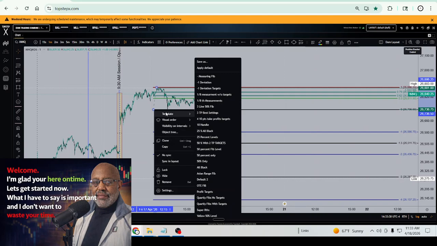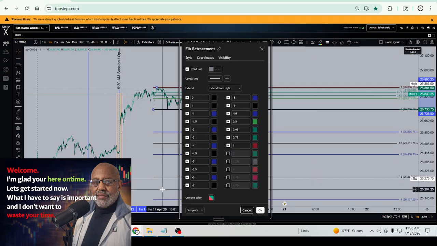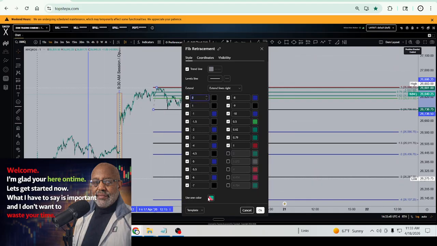So I might want to customize my Fibonacci for gold. Even though there's a standard deviation, which is your default, it still gives you the option to customize it, the colors, the size, the deviations.